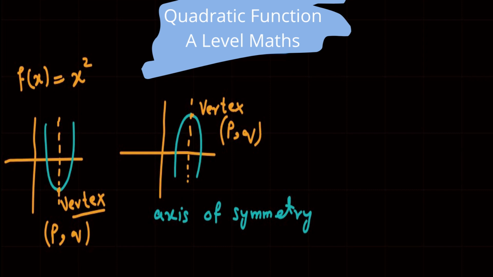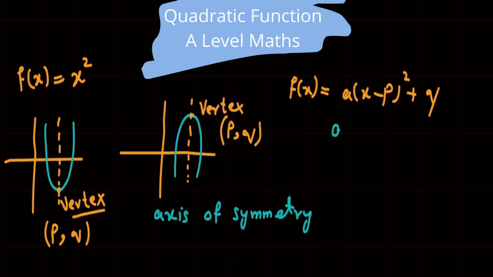Okay, so before talking about the axis of symmetry, we should write the vertex form of the quadratic function. Let's write it over here. It must start with f of x because it's a function. So f of x is equal to a times x minus p whole square plus q, where a, p and q are constants, positive, negative, any.